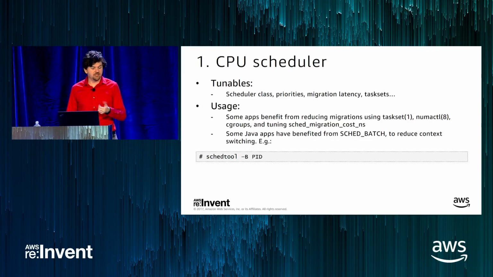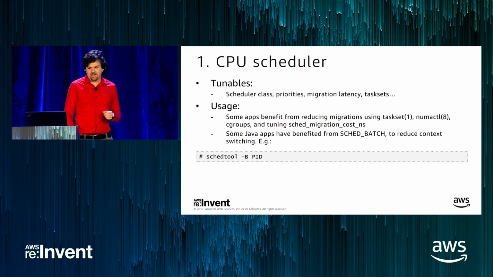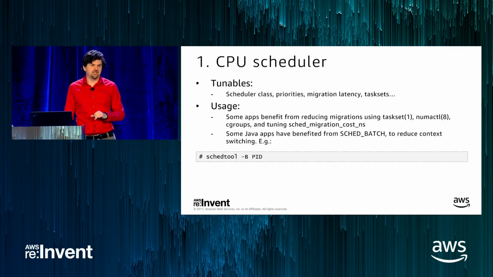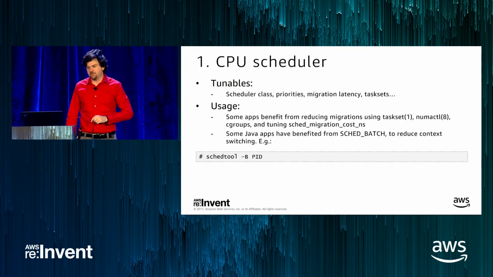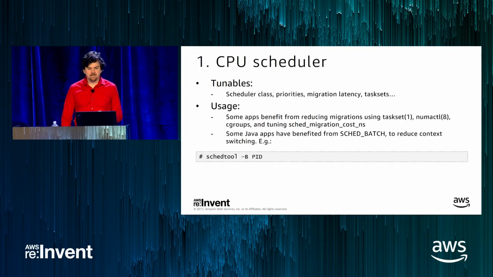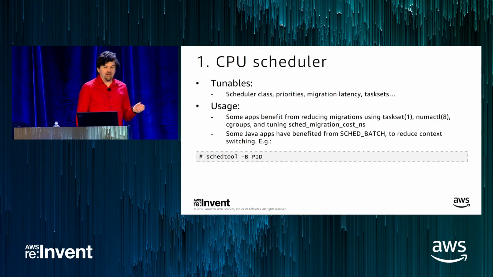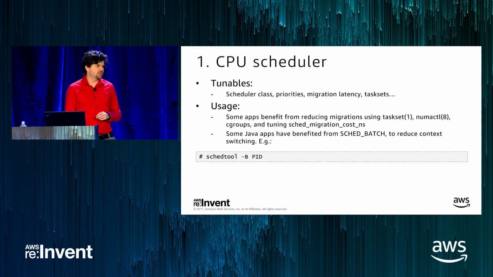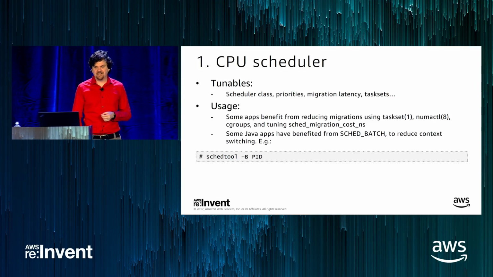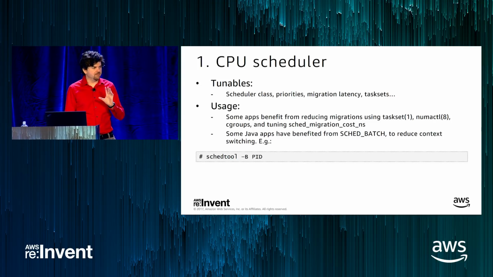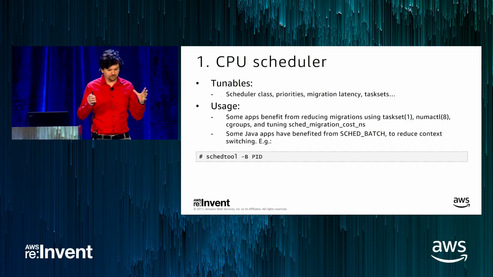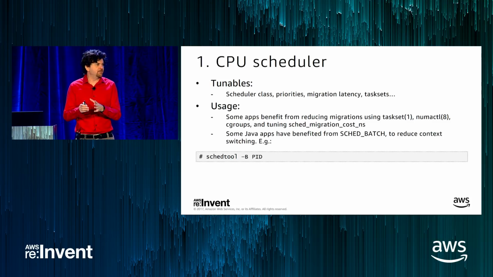The scheduler migration cost in nanoseconds can have a performance boost, especially for large NUMA systems, because now your caches are even more important to avoid talking over the remote memory bus. Some Java applications we've found have benefited from SCHED_BATCH to reduce context switching as well, which you can set up using schedtool. Taskset is another one which I often use for experimentation, and that's where I can reduce how many CPUs an application can use.